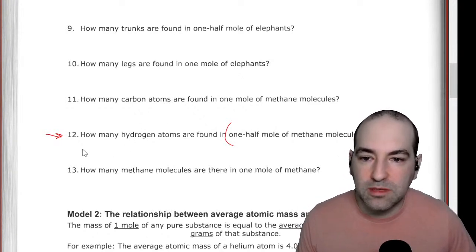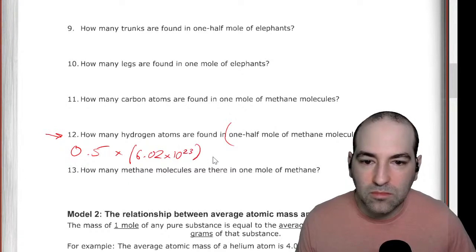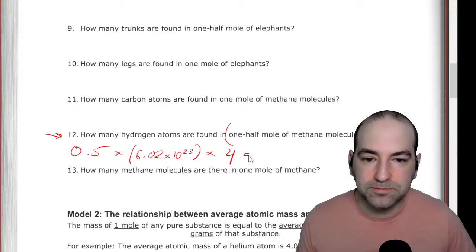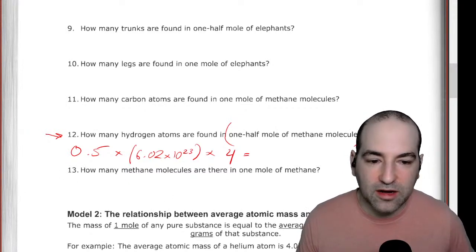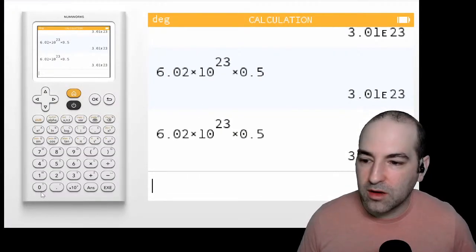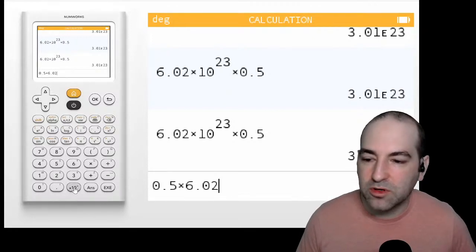So our whole thing would be something like 1/2 times that big number, and then times 4 because of the 4 hydrogen atoms. All right, so now to put that in our calculator, we could go 0.5 for that 1/2 a mole times 6.022, whatever.